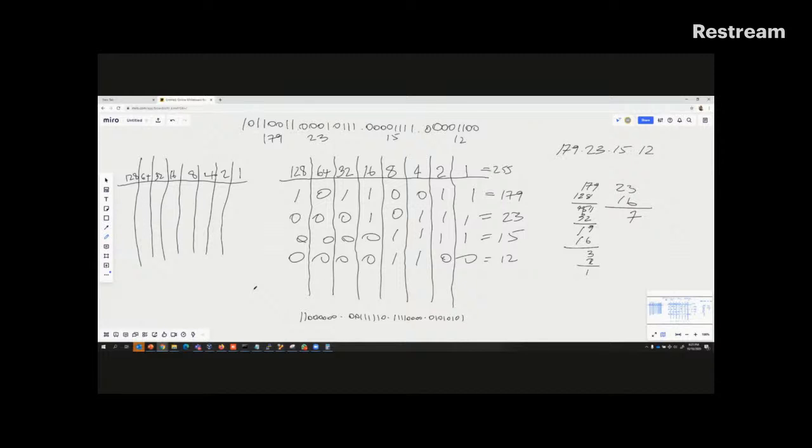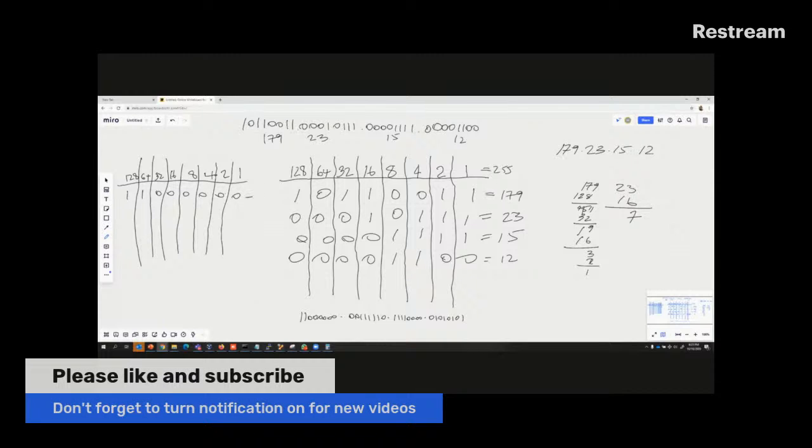So let's start. We're going to go on the chart. We're always going to start from left to right. So it's 1 2 3 4 5 6 7 8. So here, we're going to just add the numbers where we see the 1. This gives you a 192.